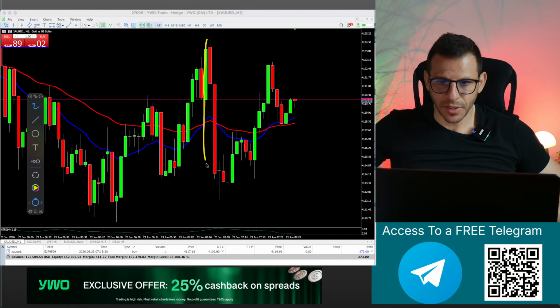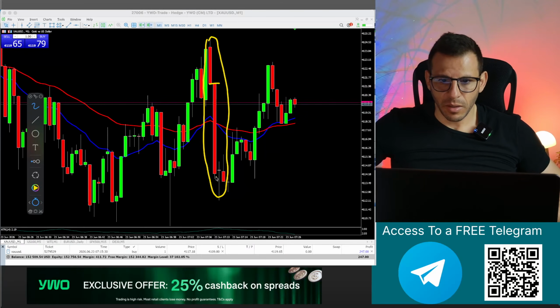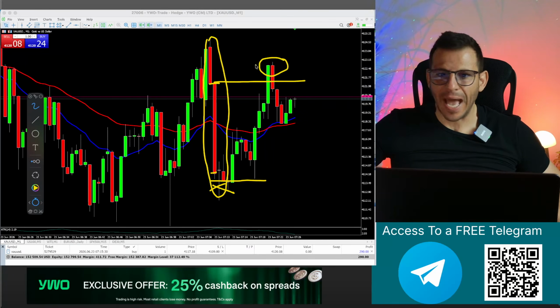So these sellers here, guys, see this long candlestick, the price false broke below that one, and the buyers took over and moved the price above its high.